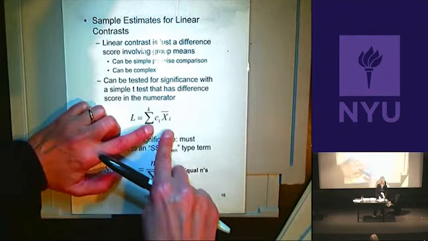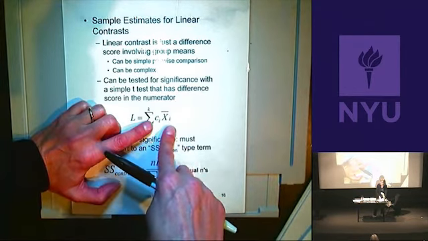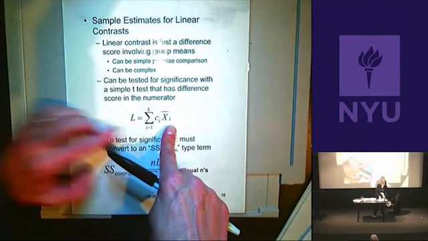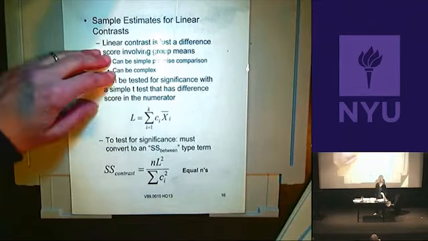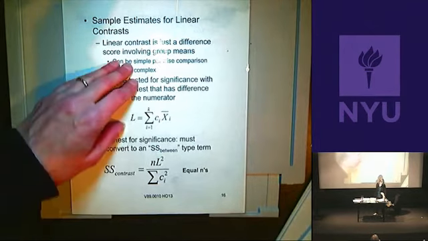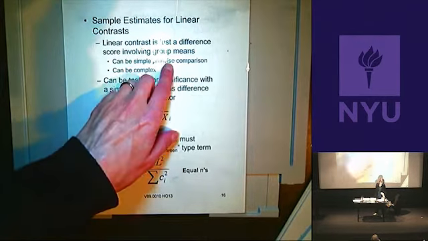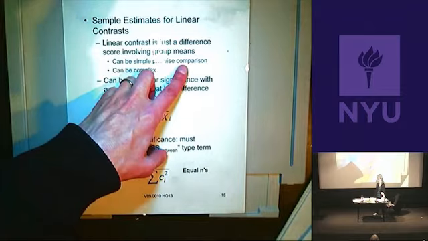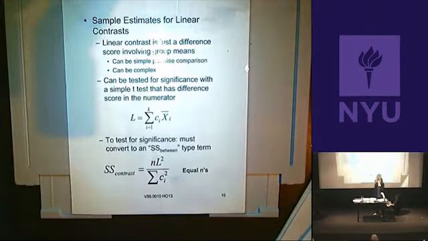L is equal to each coefficient times the sample mean. That's just what we did before, but with the sample statistics. I said this before, but let's remind ourselves: a linear contrast is just a different score involving group means. That's all it is. It can be simple pairwise, like I showed you with the 1 and the minus 1, or it can be complex like we've just looked at.